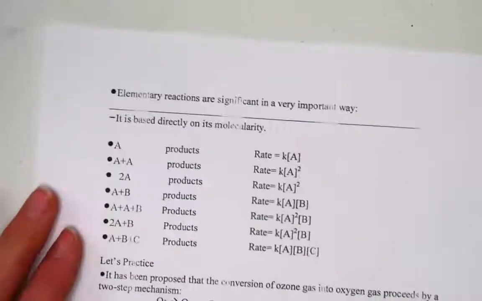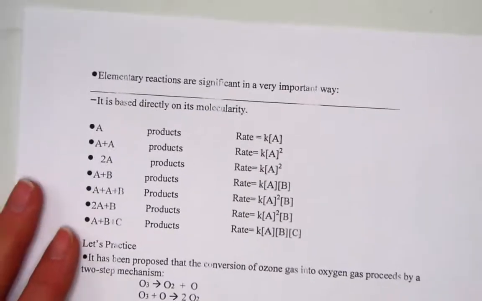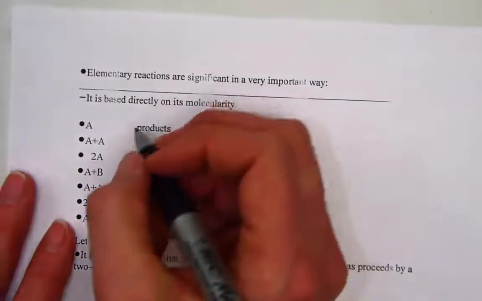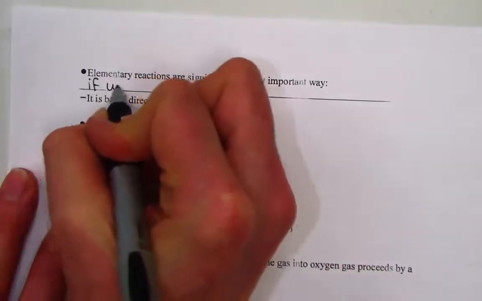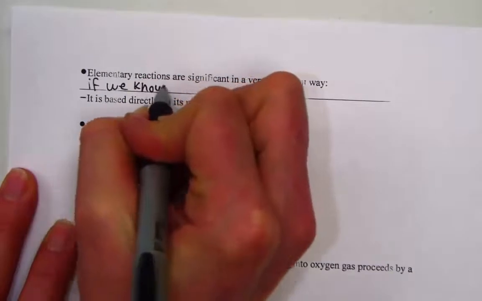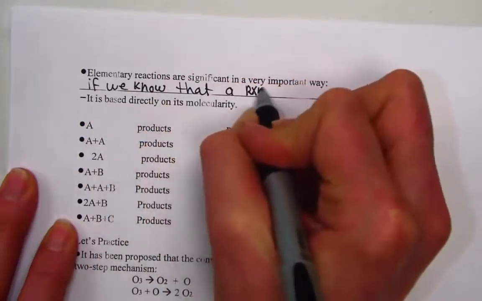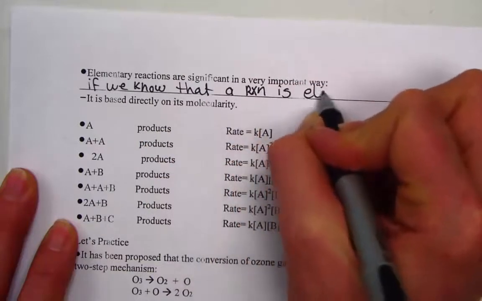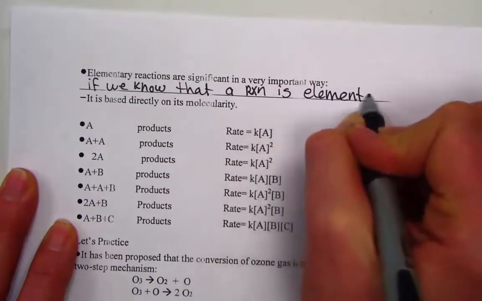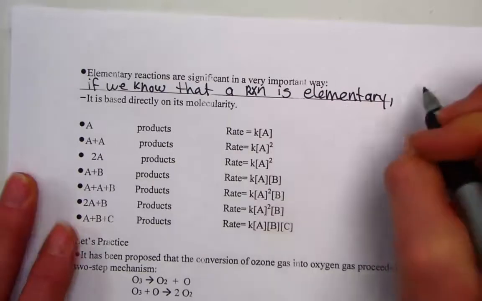Let's turn the page over and take a look at elementary reactions. They're significant in a very important way. If we know that a reaction is elementary, then we know its rate law.